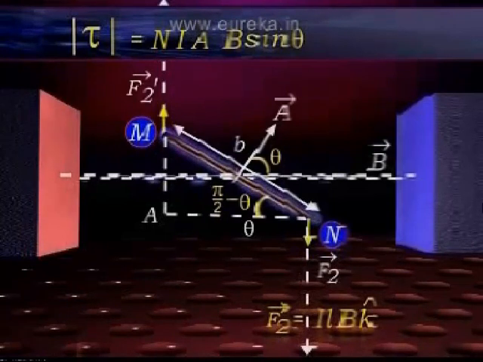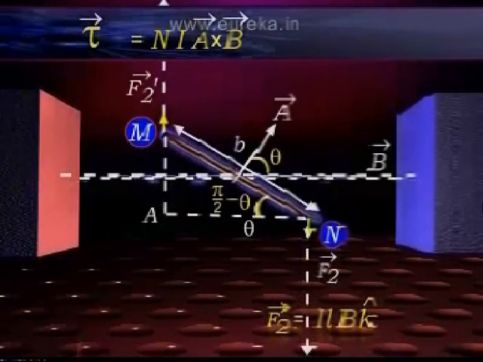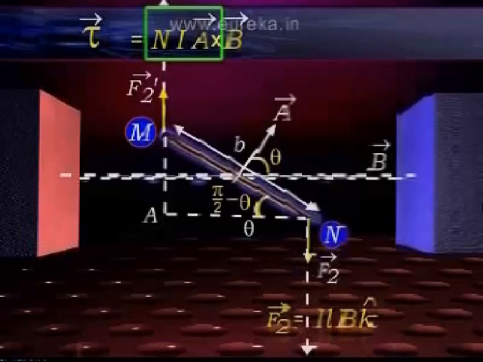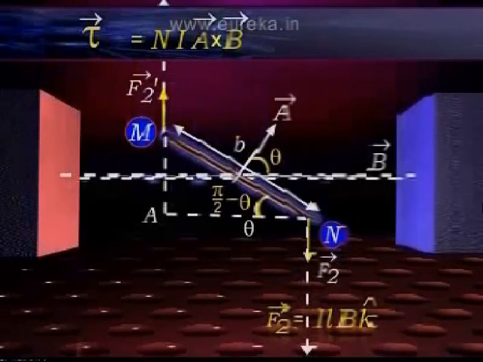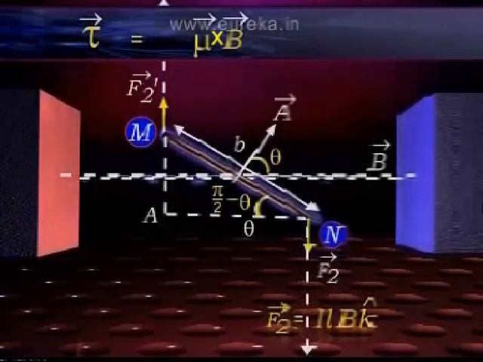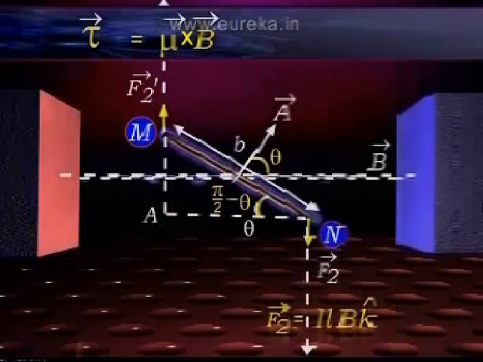This equation can now be written in vector form as vector tau equals n times I times vector A cross vector B. The vector quantity n times I times vector A is called the magnetic moment linked with the coil and is denoted by vector mu. Therefore, vector tau is equal to vector mu cross vector B.